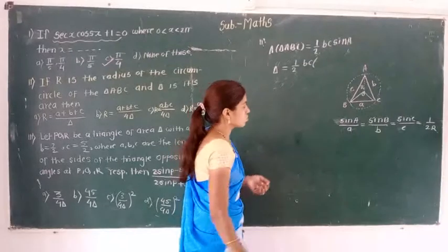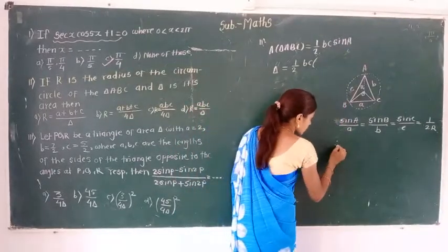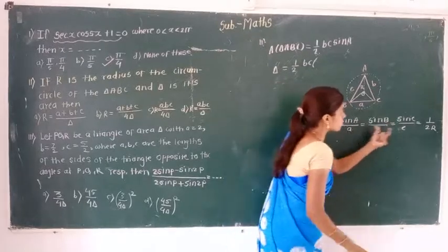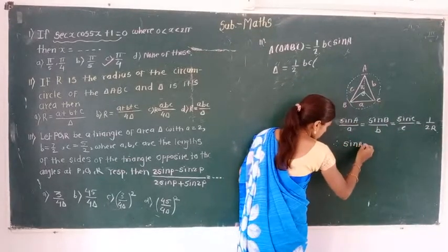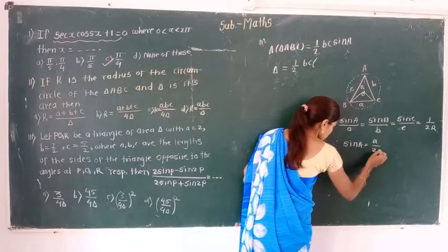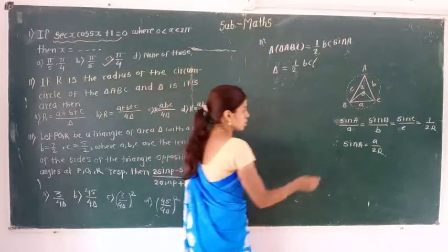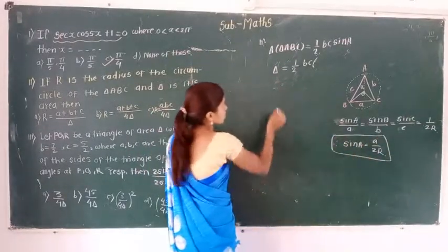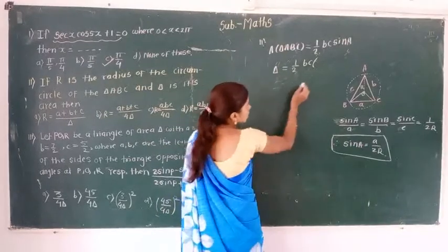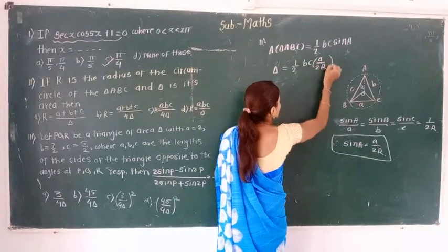Now see here, we want the value of sine A. Equating our first and last term, we can write sine A is equal to a divided by 2 times R. Now by substituting the value of sine A, we can write delta is equal to 1 by 2 into bc into a divided by 2R.